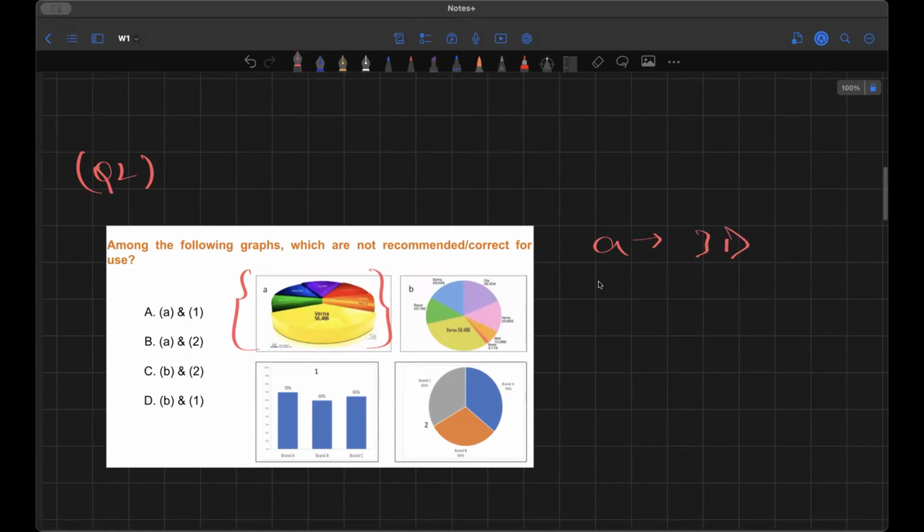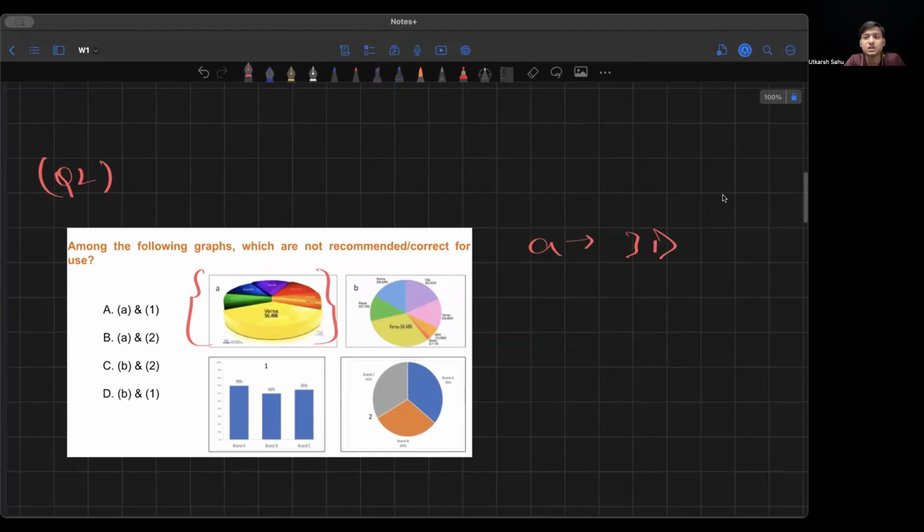If you remember, pie charts should be only in 2D, because a 3D variation of pie charts creates some kind of visual perception.